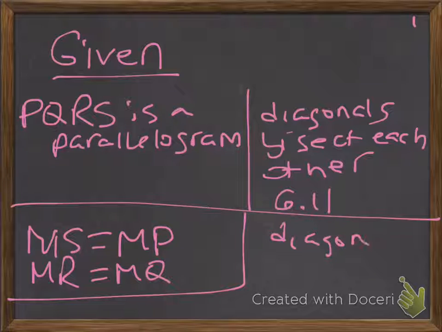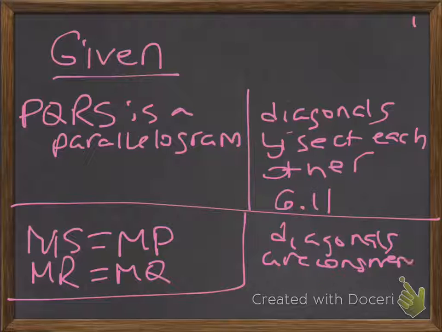So the diagonals are congruent. That's 6.14, and that makes it a rectangle.